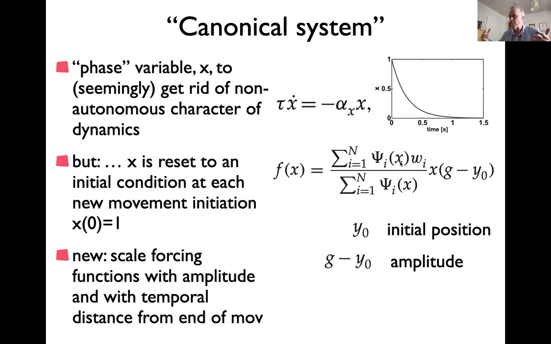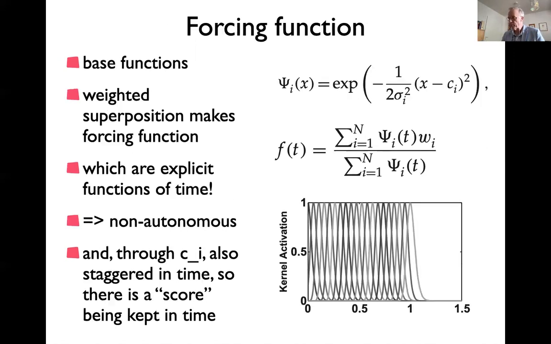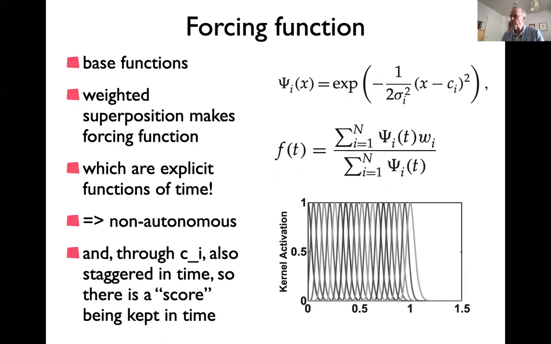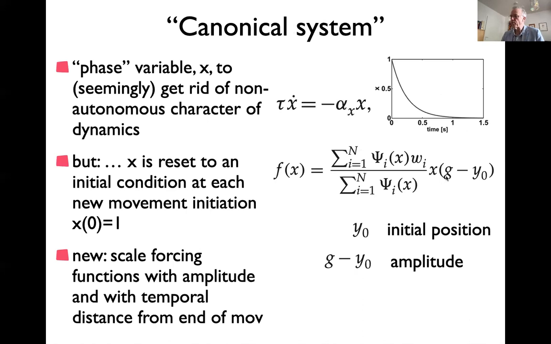Imagine you have a very large amplitude. That means that in the original system, these terms are very large. If this doesn't scale with that, then the modulation is less important. So by scaling it with that same factor, you're making sure that for different movement amplitudes, you always have the same modulatory component on that.